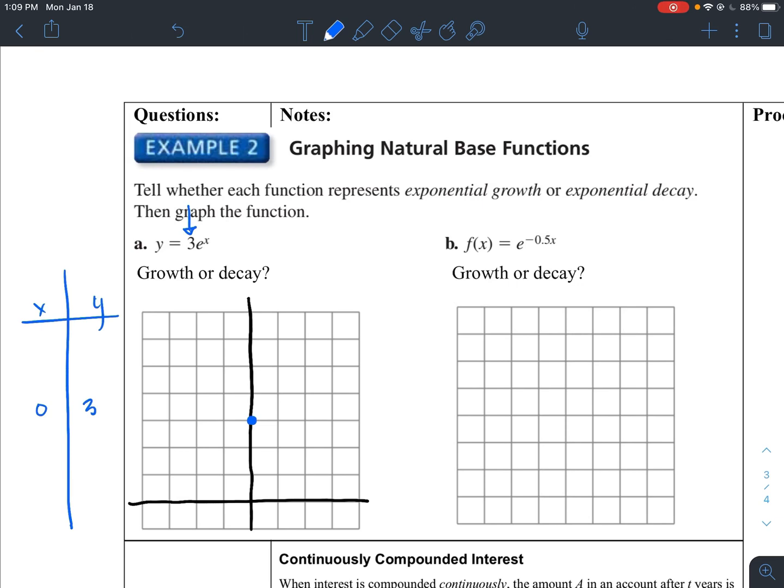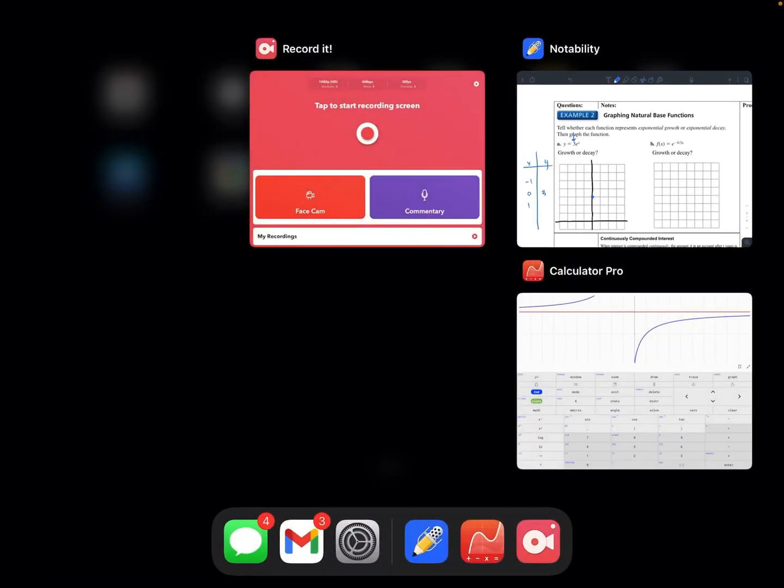Because when x is 0, this becomes 1, and then you're just left with that number being multiplied by 1. That's a pattern that you should recognize. In any case, let's plug in -1 and +1 into this function. We can do that into a calculator.